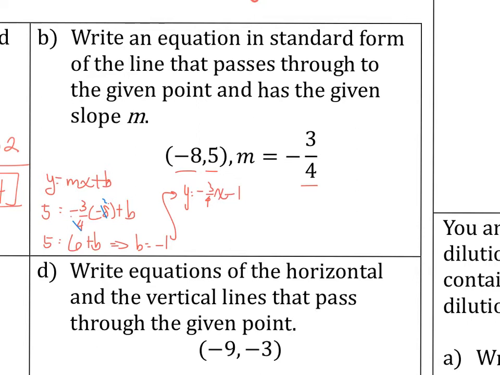And then I need to rearrange this to standard form by multiplying by 4. And then move -3x over to the left-hand side. So we would get 3x plus 4y equals negative 4.